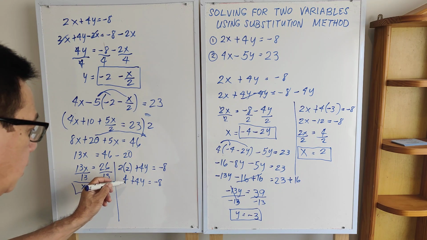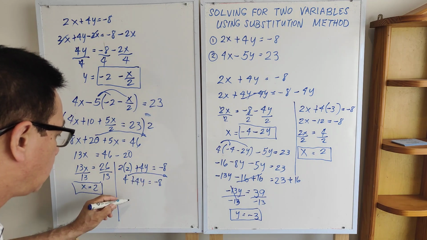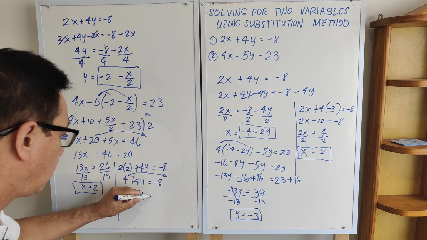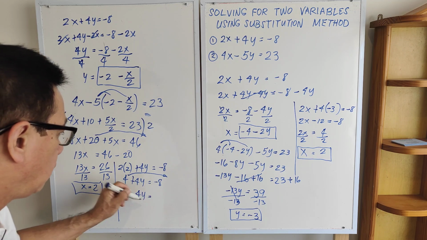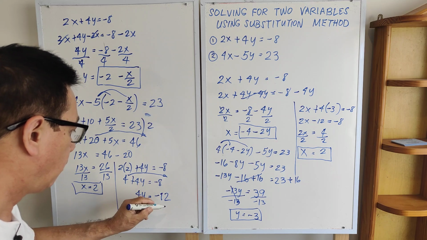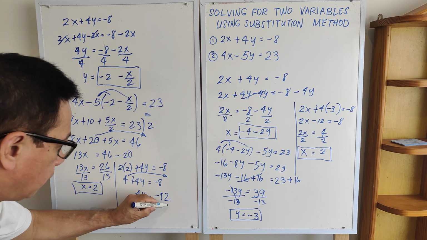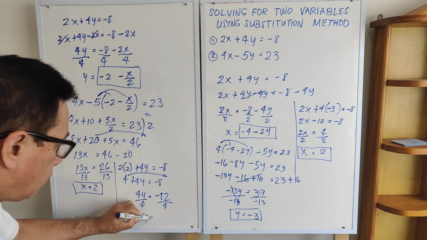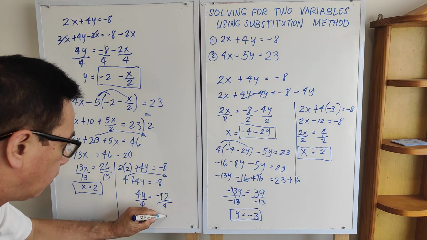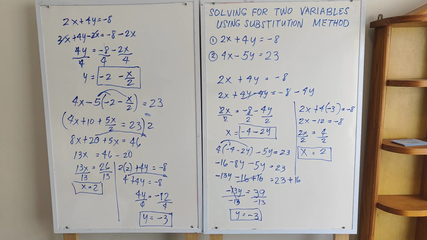Now we can transpose here. So this becomes 4y is equal to negative 8 and negative 4, negative 12. Now to get the value of y, we have to divide by 4. This also we have to divide by 4. Y is equal to negative 12 divided by 4 is negative 3, which is the same as this one. And that's it.